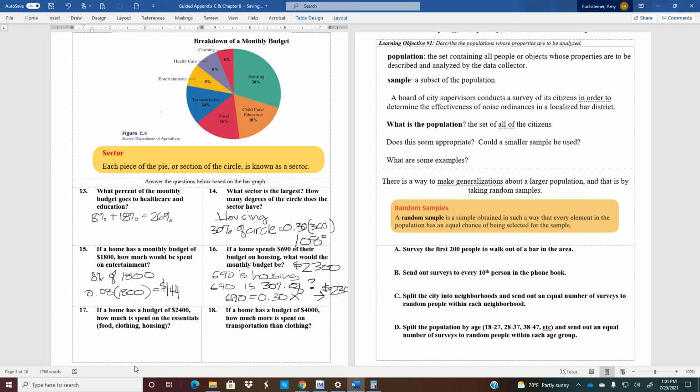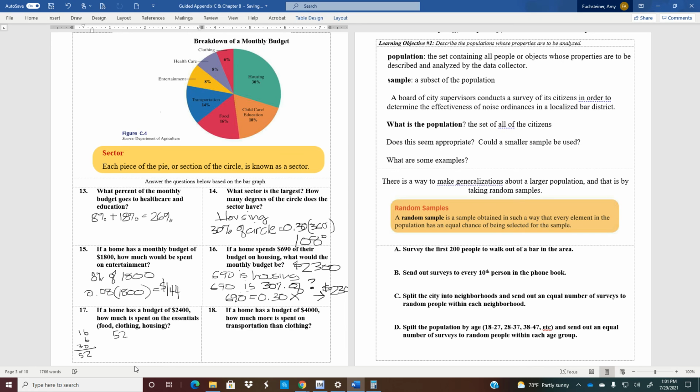Okay, if a home has a budget of $2,400, sorry, how much should be spent on the essentials, which is food, clothing, and housing? If I add them, food, we have 16%. Clothing, we had 6%. And housing, we've got 30%. That's going to be 52 if I add it all up.